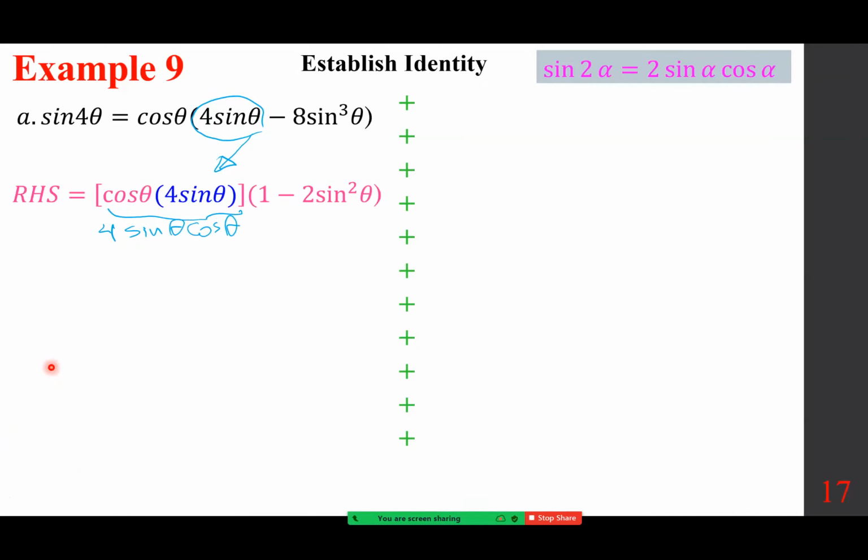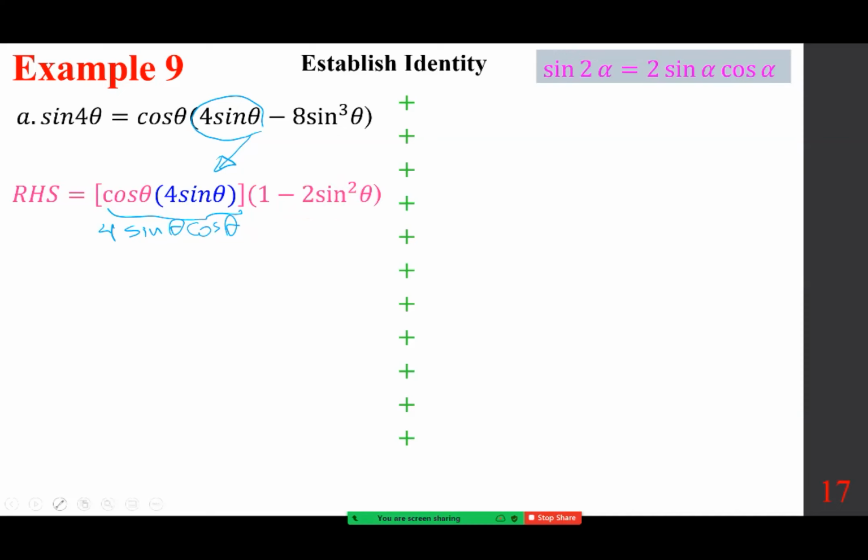So we have sine of 2 alpha is 2 sine alpha cosine alpha. If it was 2, it would be sine 2 theta. Since it's 4, there are 2 of it. So this is 2 sine 2 theta. And I hope you remember this is one definition of cosine 2 theta.